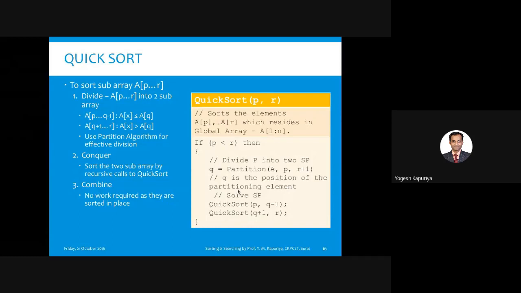Why is it so? That is because of this division algorithm, which is smarter than the one which we do in merge sort algorithm. So instead of having a simple mathematical equation for division, here we have an algorithm which is called a partition algorithm. Now we need to understand how this partition algorithm works.